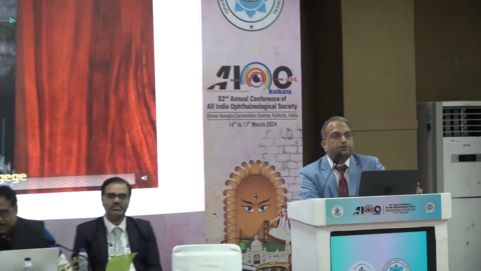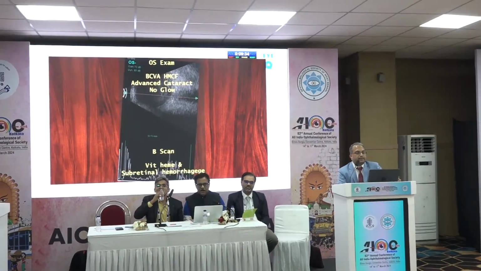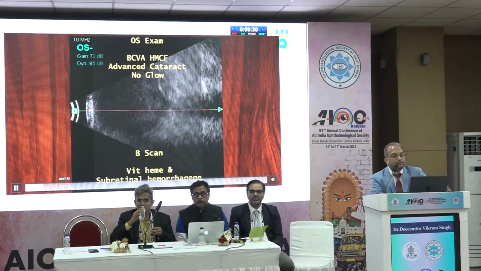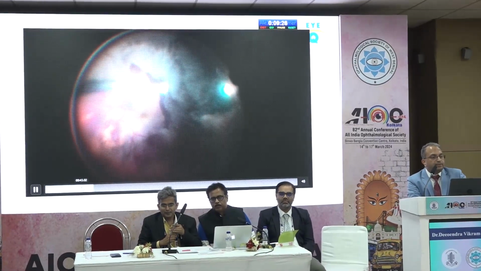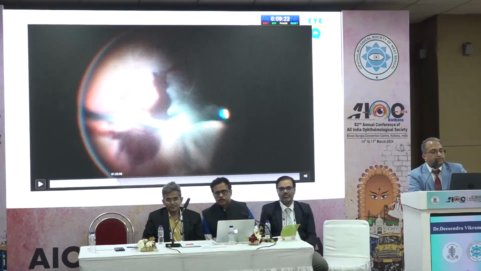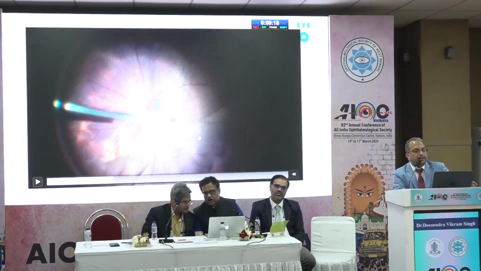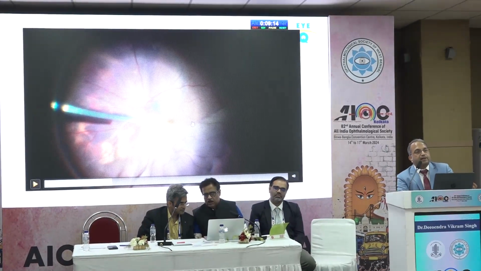She was a lady who had cataract and was posted for cataract surgery, and when the cataract team realized that there is no glow, there is dense vitreous hemorrhage and probably retinal detachment or massive subretinal hemorrhage, we took her for combined surgery, removed the cataract, and after removing this dense organized vitreous hemorrhage, you can see that despite the fact that she was having massive subretinal hemorrhage, her macula was spared.